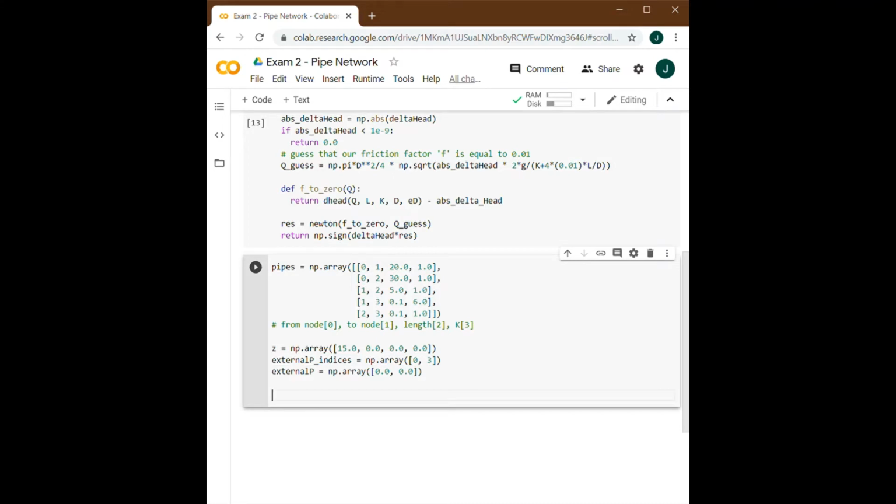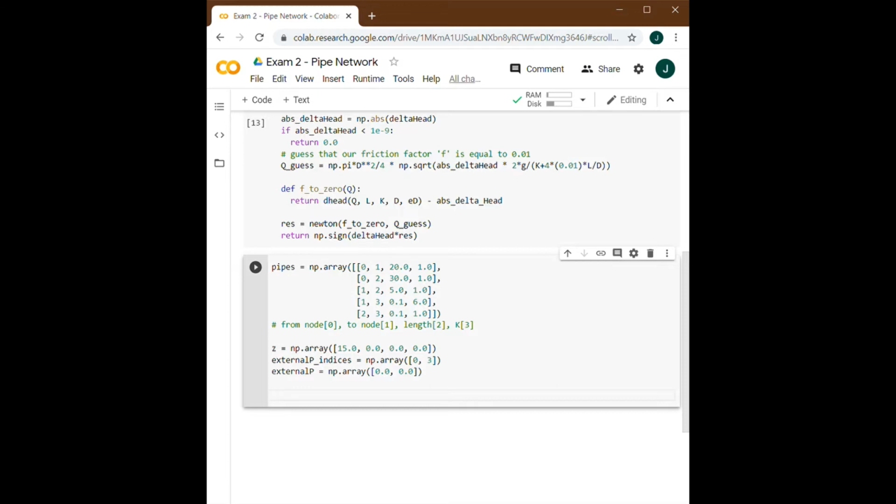So now that we've specified our heights and our pressures at the external nodes, what we're going to do now is input our diameter of the pipes and our internal roughness of the pipes.